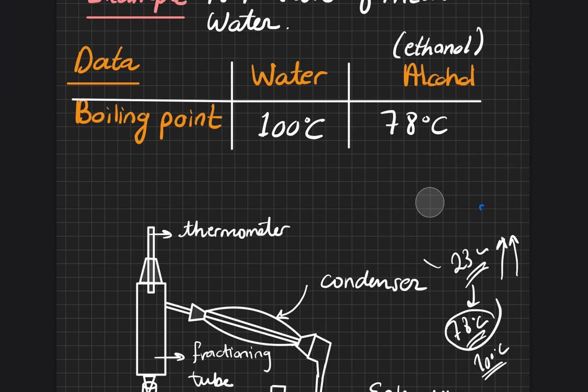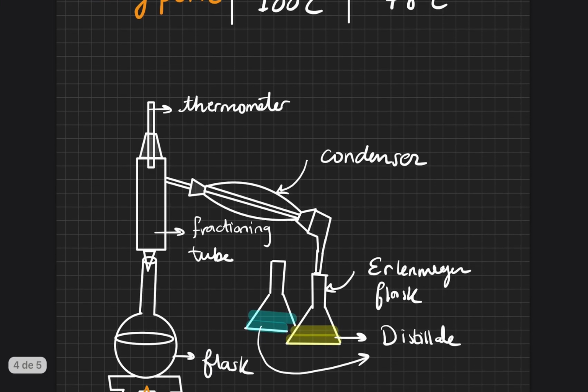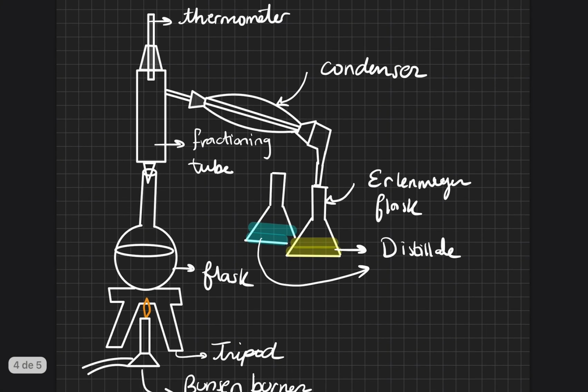So we're gonna just remove this so we have more space, and this is our apparatus. Well, I think it looks a bit complicated, but you have to trust me, it is not that complicated. So inside here we have the mixture of alcohol and water, and here we have the Bunsen burner.